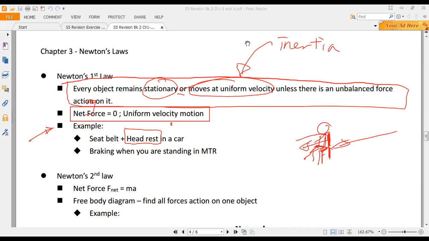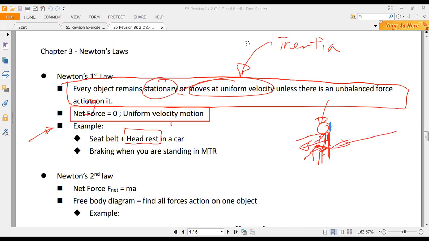However, your head, due to inertia, will just stay stationary where it is. So the body goes forward while the head stays here, and it would cause damage to your neck. This is why we need to put a headrest here, so that when you are accidentally hit from behind, your body and your head would be pushed forward together, not leaving the head behind, right? This is the meaning of the headrest.